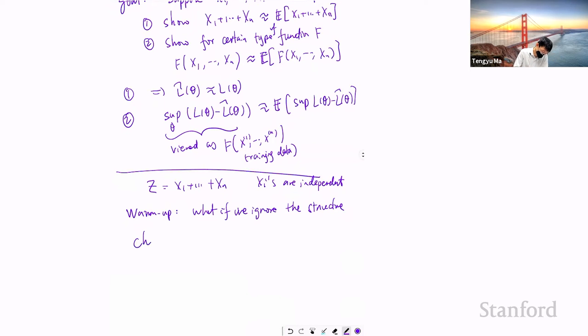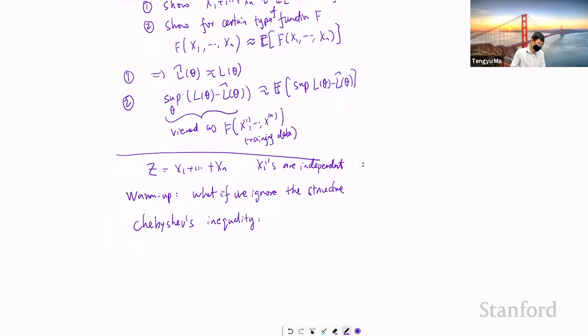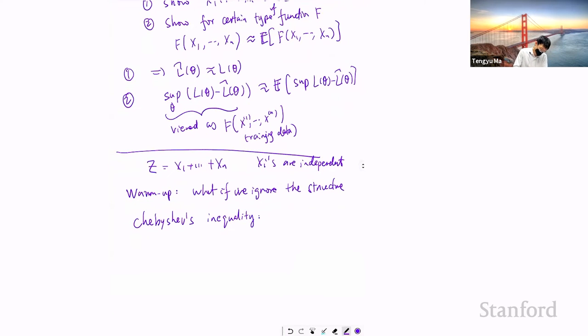Here is the inequality, which is called the Chebyshev inequality. I think you probably heard of this in some probability class. The inequality says that the probability that z deviates from the expectation of z by some amount t is less than the variance of z over t squared.